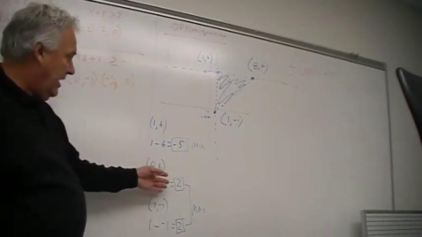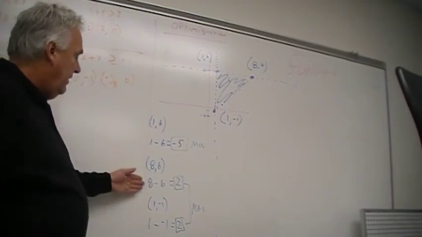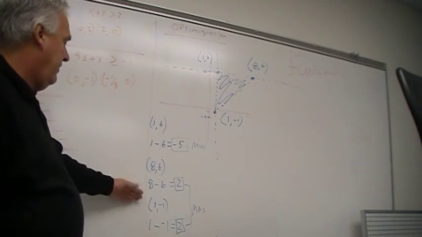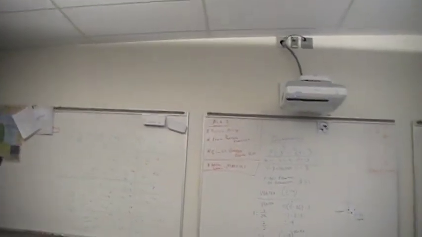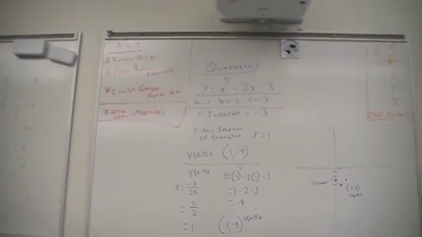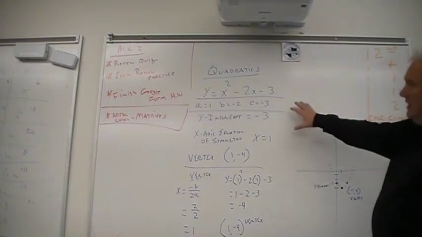Most of the time you'll get one that's in between, because you'll get 3 different answers. In this case, these two are the same. So you have 2 of them that are the max, and then 1 of them is the min. We have one more to go through, and it's finding the vertex and graphing and intercepts.